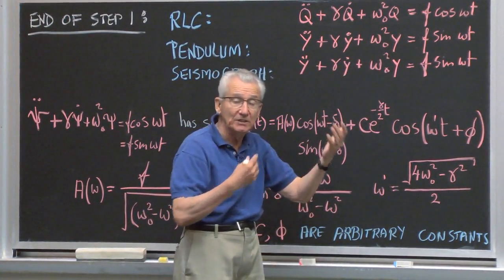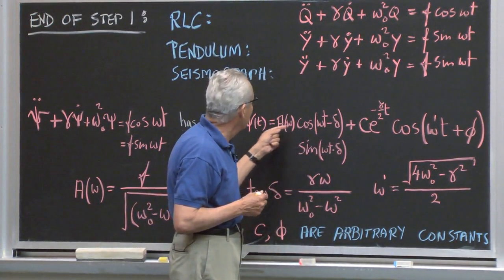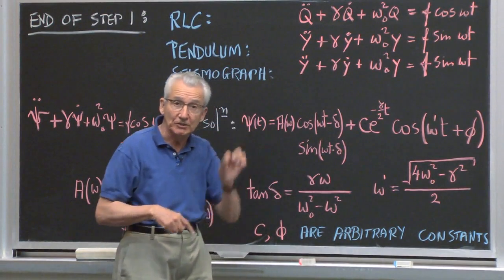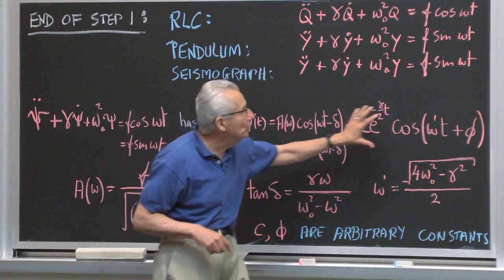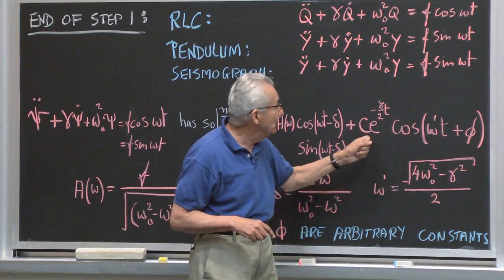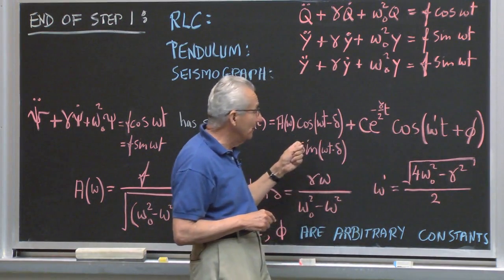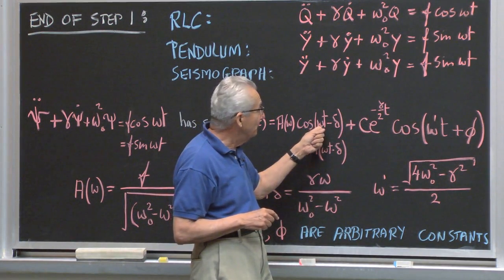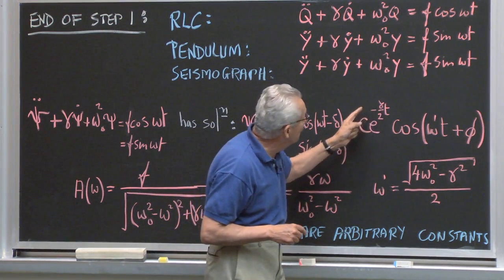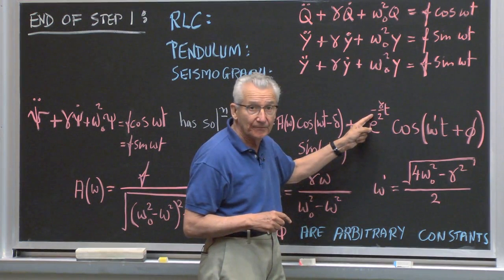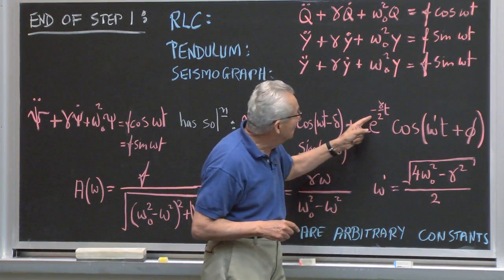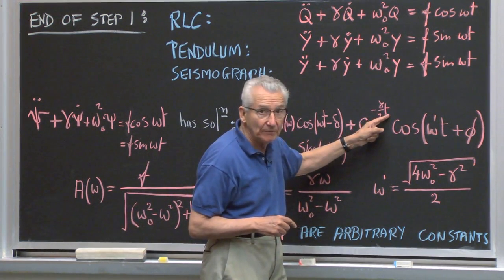It may lag or lead it, different phase, but it's just a constant amplitude oscillatory function. Added to it is another oscillatory function with a slightly different phase, frequency, but which with time decays. So because of this e to the minus gamma over 2 t.